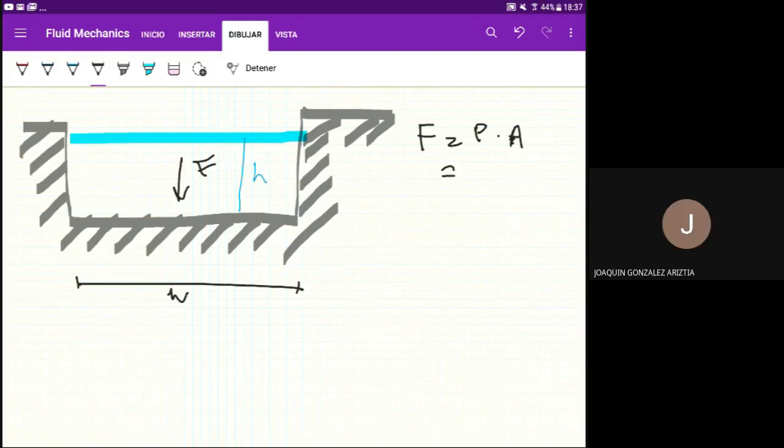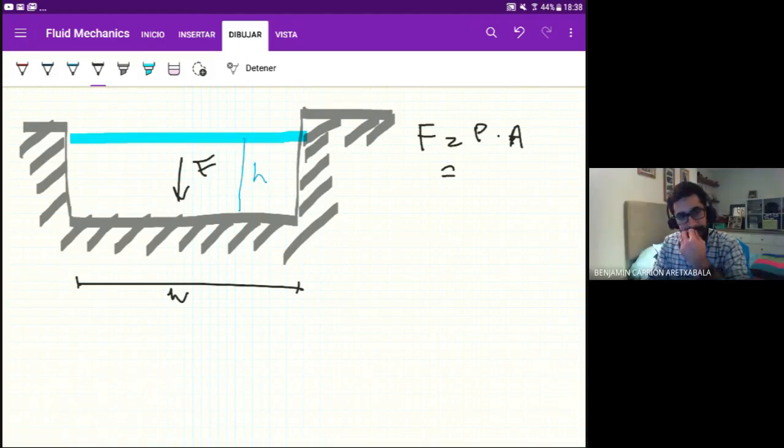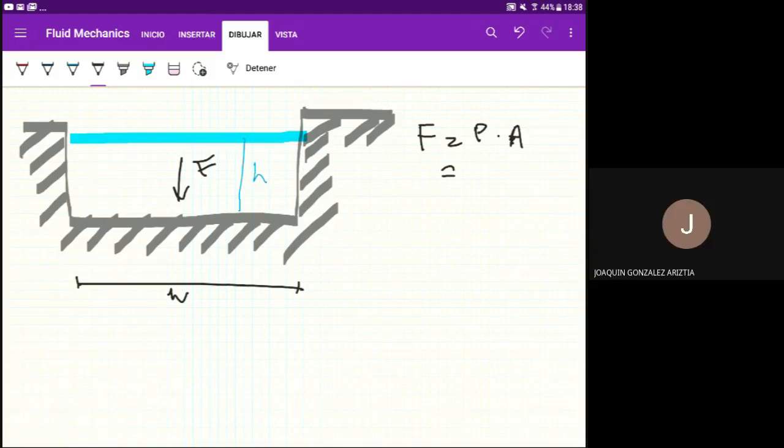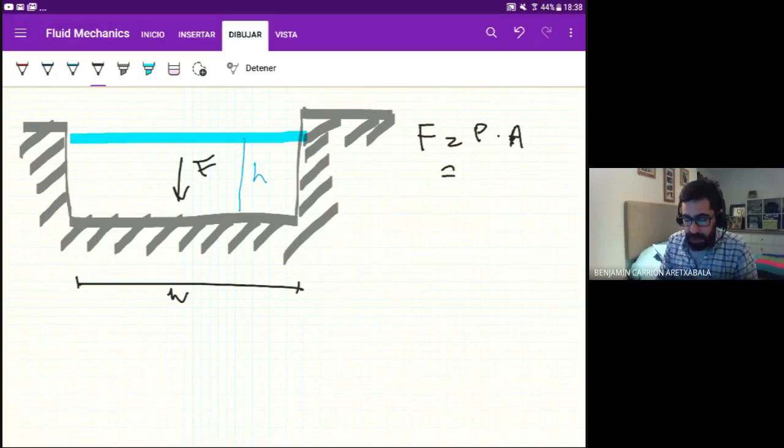But sir, isn't it easier just to calculate the volume and multiply that with gravity? Yeah, I'm gonna get there. Let's say you have no idea of pressures, you just connected to the class now, so you don't know about hydrostatic pressure. You say, well, this is nothing more than the weight of the water, right?